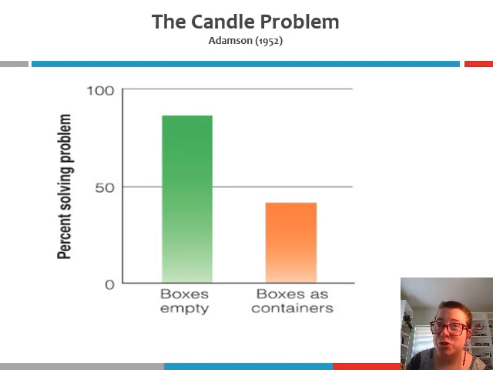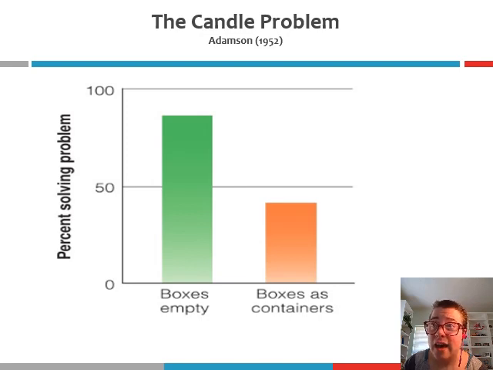And what the researcher found is that when he compared the performance on this particular problem between those two groups, he found that the group that had been presented with the boxes being used as containers found the problem much more difficult to solve than the group that was presented with the empty boxes.